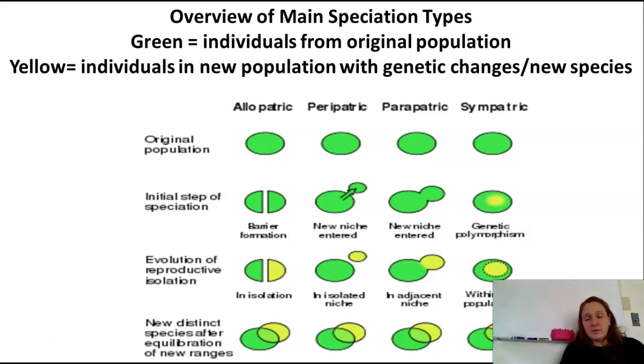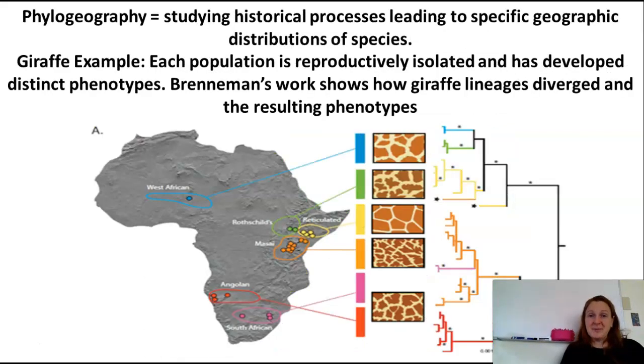Again, giving you another way to visualize how speciation would happen over time, what those drivers might be. Notice that we're just focusing on the two big ones here, allopatric and sympatric, but you may go into ecology or other areas where they talk about peripatric and parapatric speciation as well.